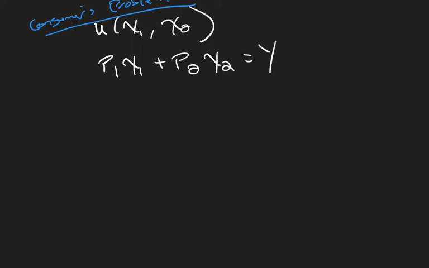And in this instance, what are we given? Well, we're given our utility function. We're given the price of good 1, the price of good 2, and we're given our income. So what are we choosing? We're choosing the arguments of our utility function. We're choosing x1 and x2, which are also, of course, in our budget constraint.